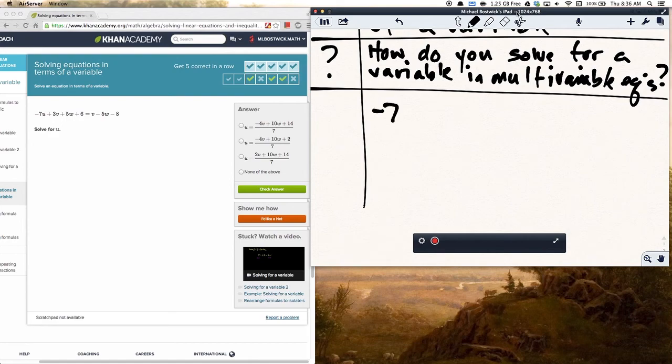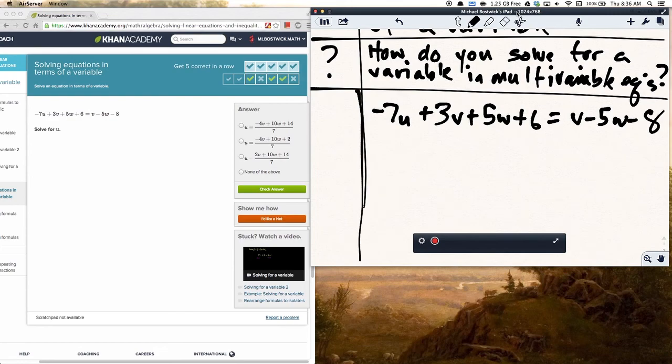I have negative 7u plus 3v plus 5w plus 6 equals v minus 5w minus 8. Okay, so when I am looking at this problem, I see two things.